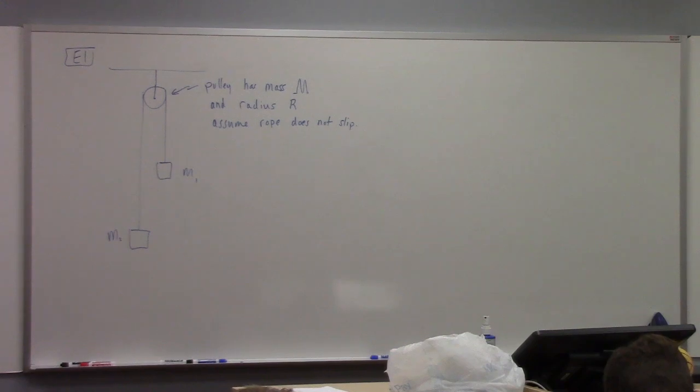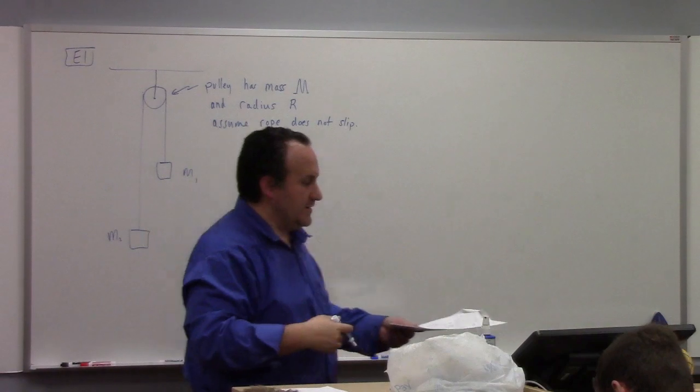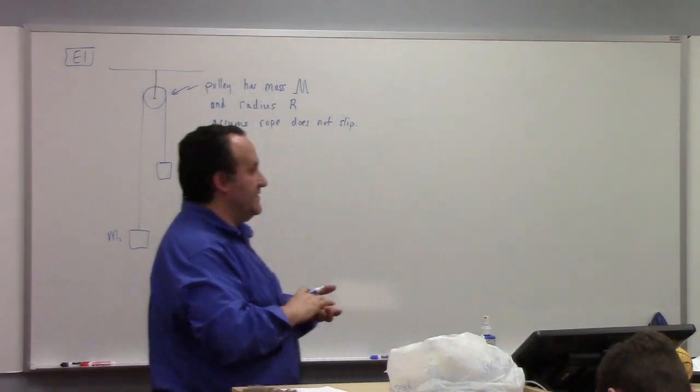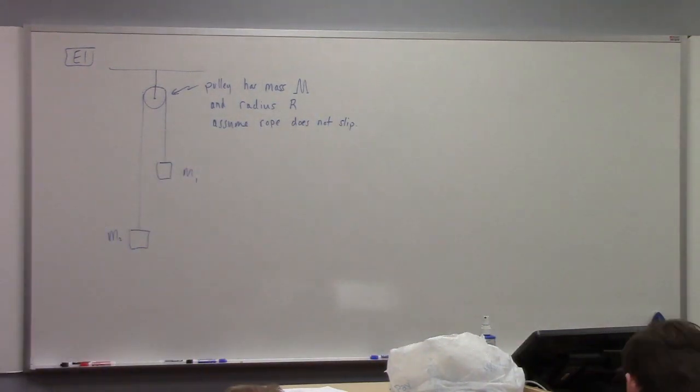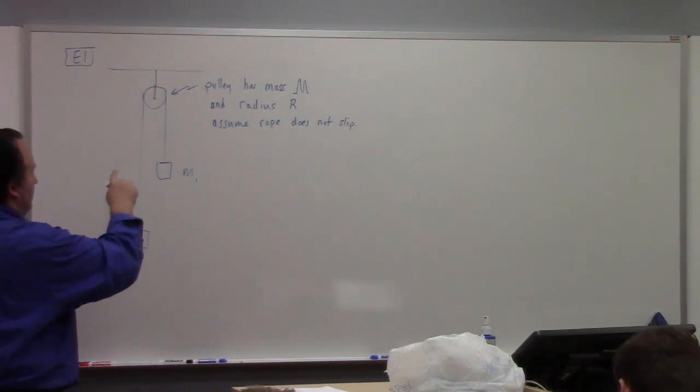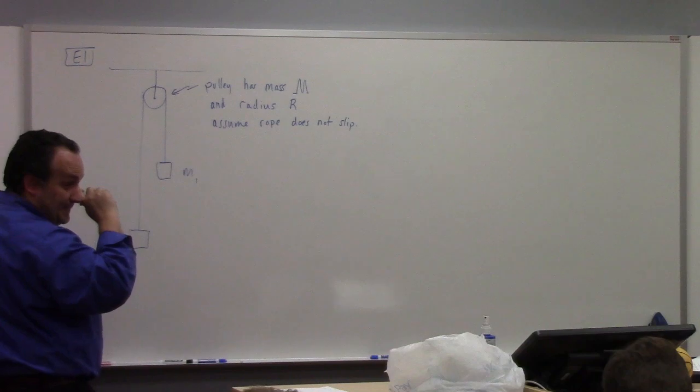And what we'd like to do is to try to write down the rotational analog of Newton's second law, right? So that's what this is. This torque equals I alpha is the rotational analog of Newton's second law. I just derived it for a single mass, but if we have a system, we have to calculate the net torque if there's more than one force involved, right? So let's think about the pulley, all right?